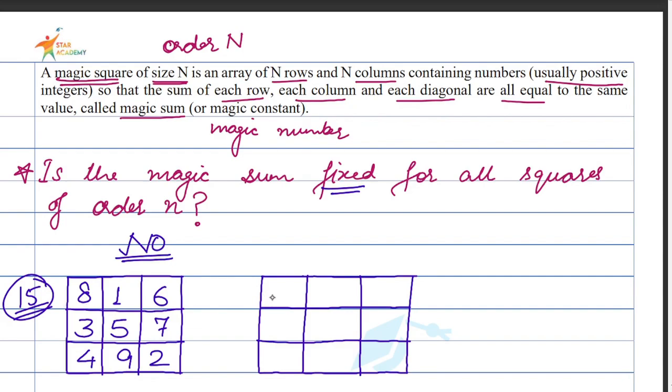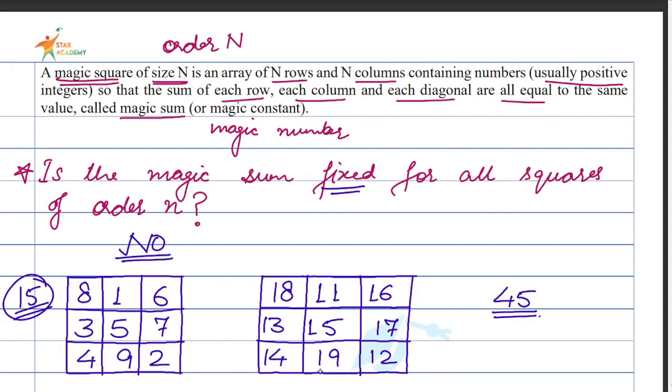So that all depends upon that which number we are using. Say we add 10 to all the elements of this square. So if I add 10 to all the elements of this square, that means I have added 30 to each row and 30 to each column. So that means here the sum of the magic square, that will become 45.